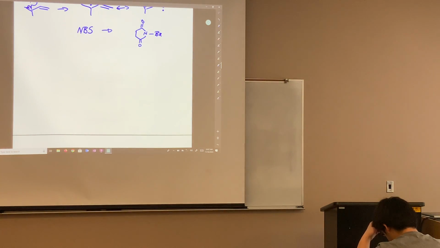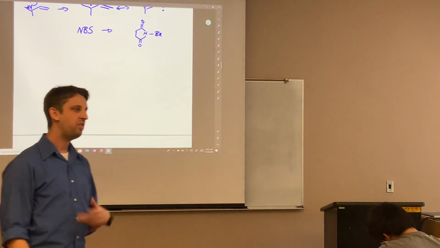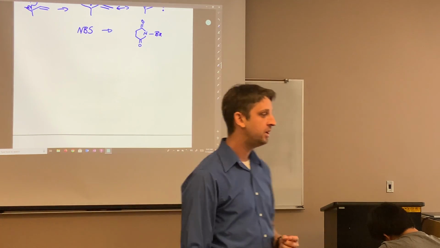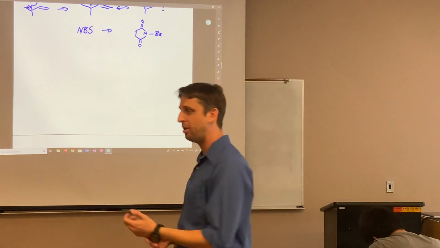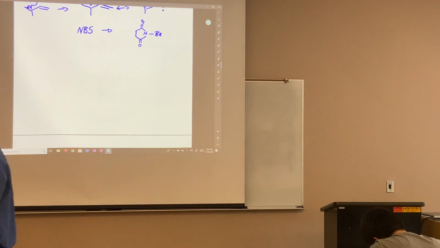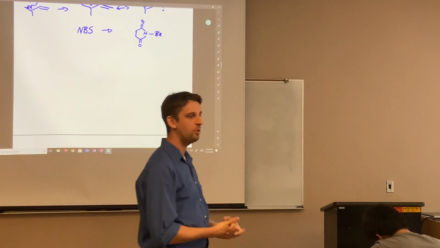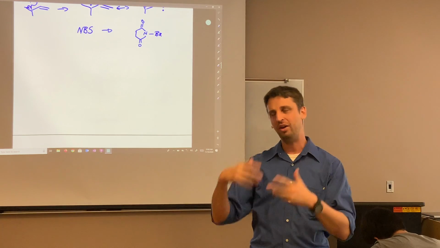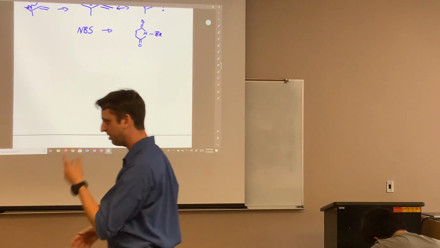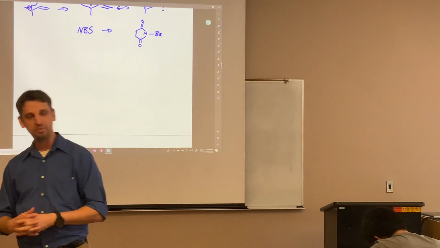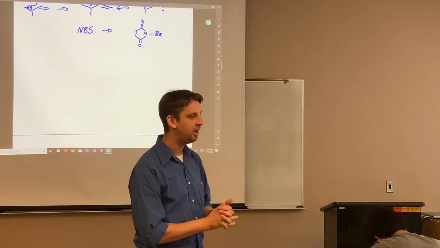It's a great source of bromine radicals, okay, without using Br2. Now, Br2 has some problems with it. The first problem is it sucks, okay? It's an orange liquid that easily turns into a gas, as soon as you open up the bottle. And it just spews orange vapors everywhere that corrode everything.